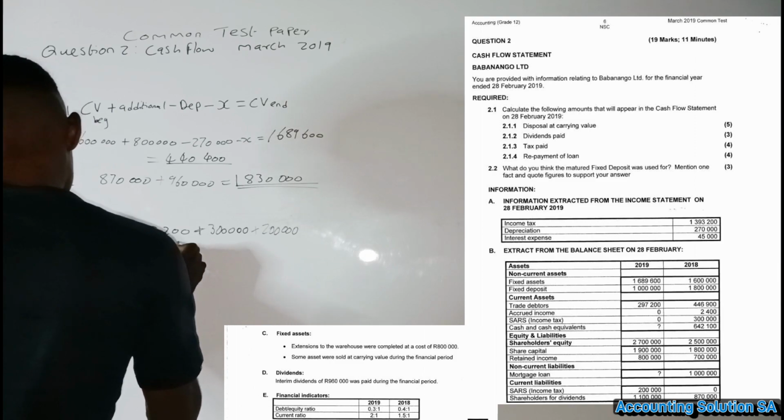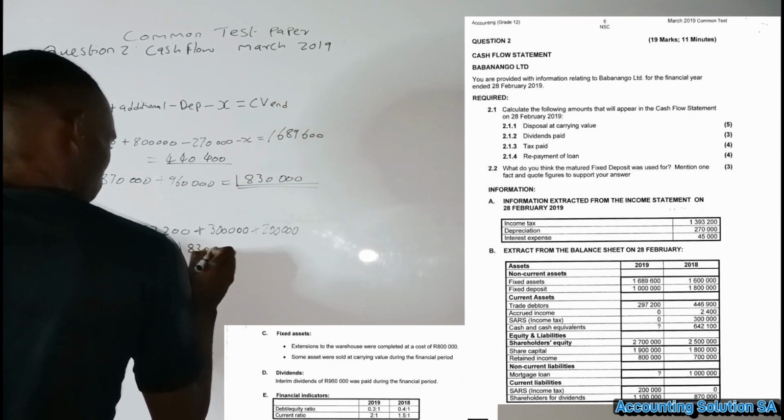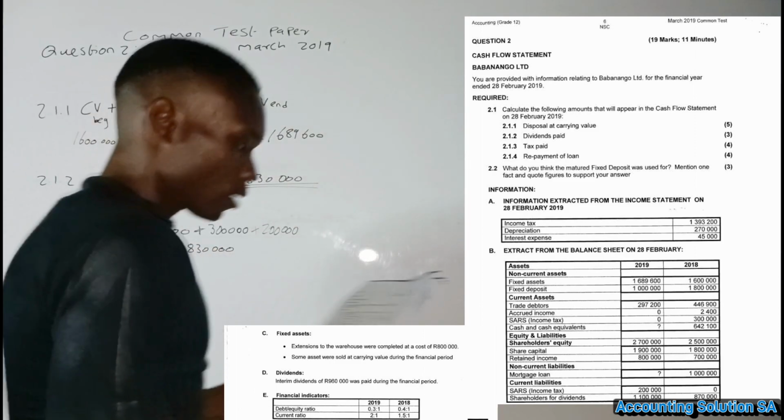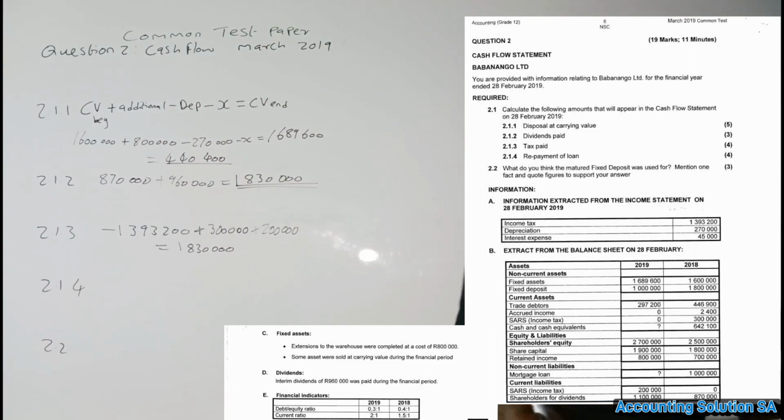Okay, and if you do this calculation, you are going to get an amount of 1,830,000. I can't even see my handwriting because of light. Okay, let me confirm this before we proceed. Let me check my calculation here, because if I just calculate everything on this video, guys, it's going to take very long.